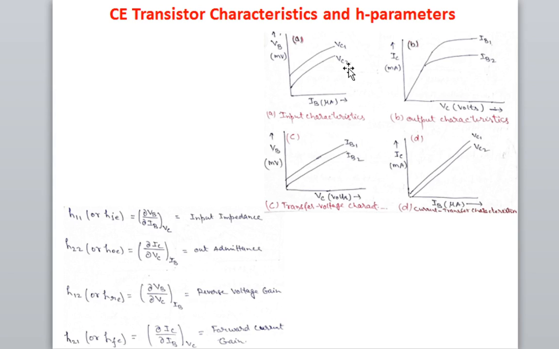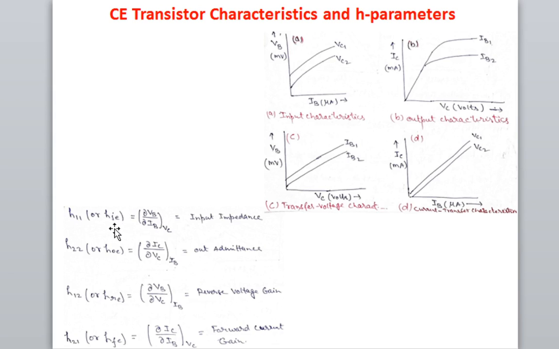In order to define the H parameters, as I have done for the common base transistor, here the emitter is common, so the notation will change. There, base was common, so I used the notation HIB. But here the emitter is common, so I will use the notation HIE.